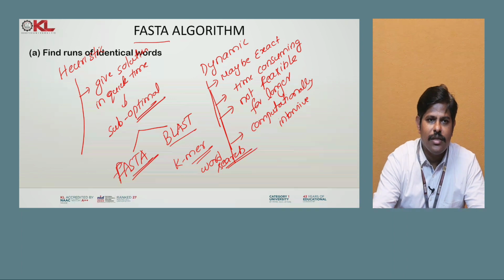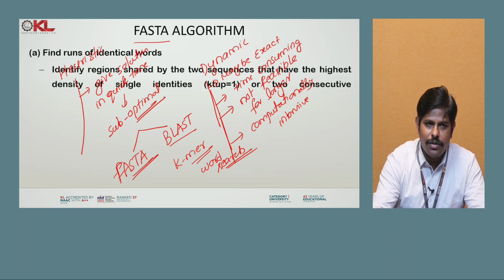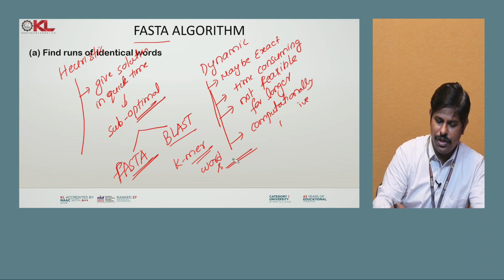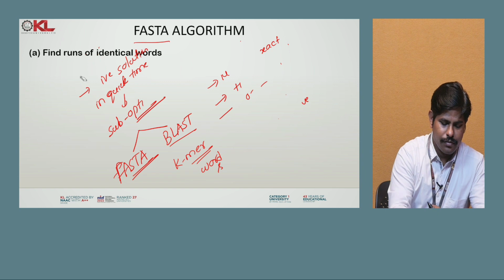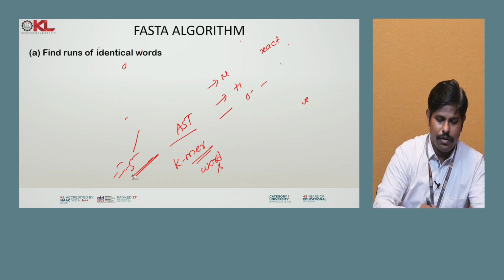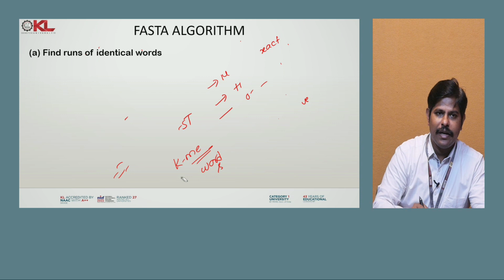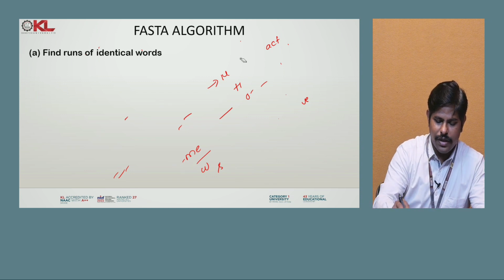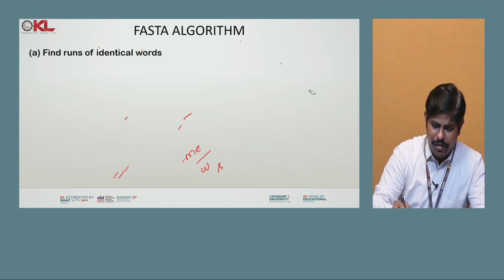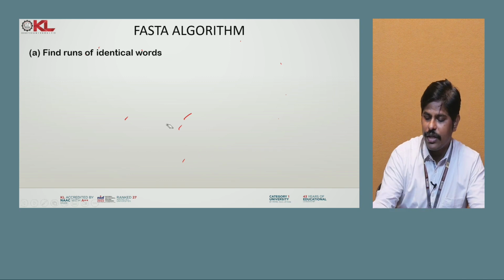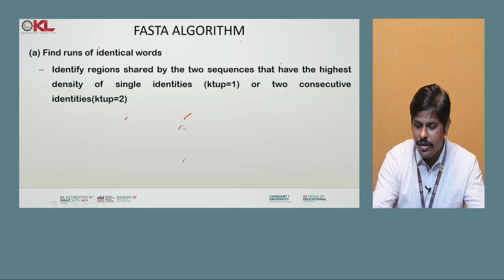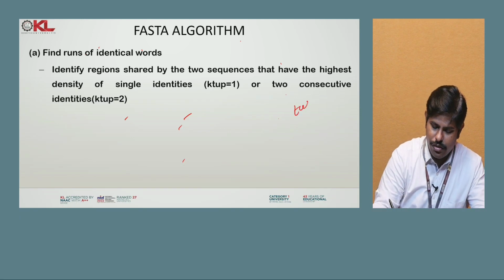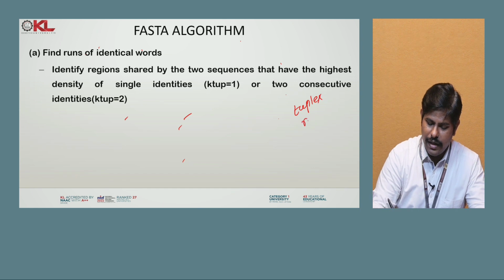There are three steps in the Fasta algorithm. First you find runs of identical words. Try to pick up the matching simple words in two sequences, and the identical runs of words you call tuples. Tuple n can be 1, 2, 3.